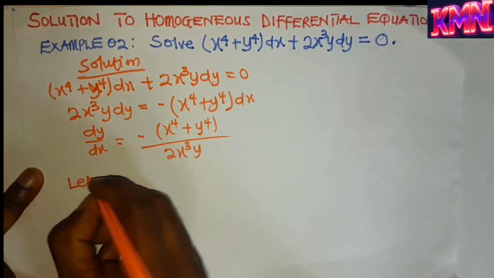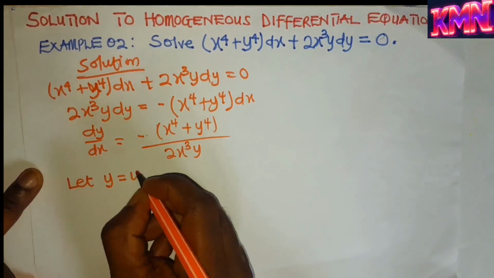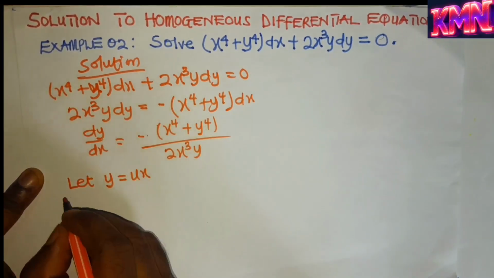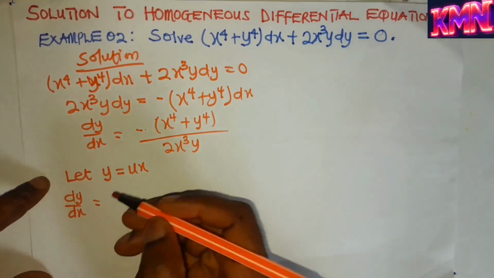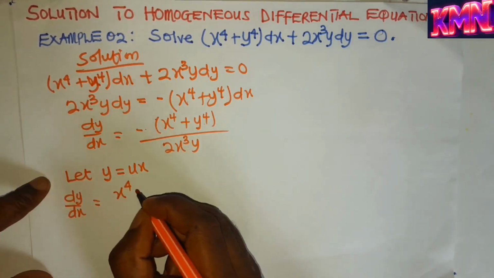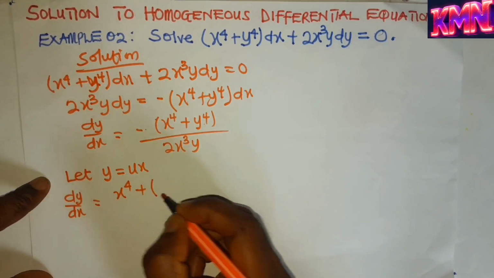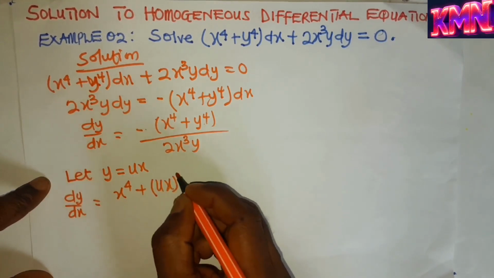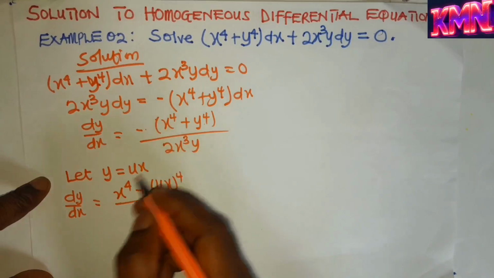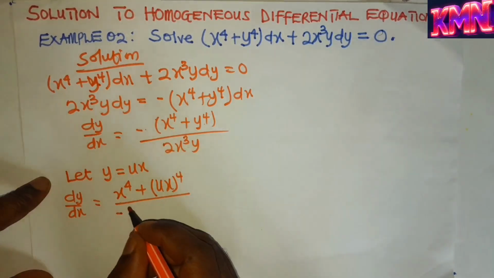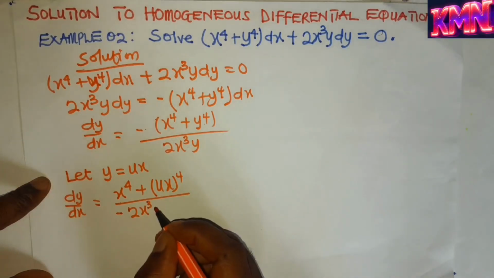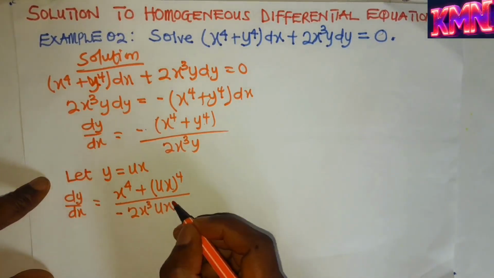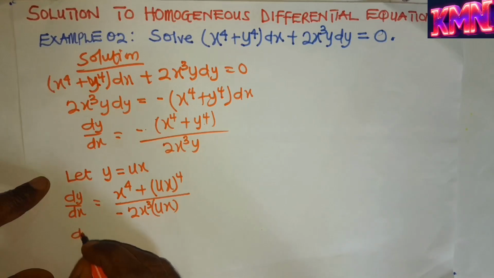Let y equals ux. So our dy/dx becomes negative (x^4 + (ux)^4) all on 2x^3 u.